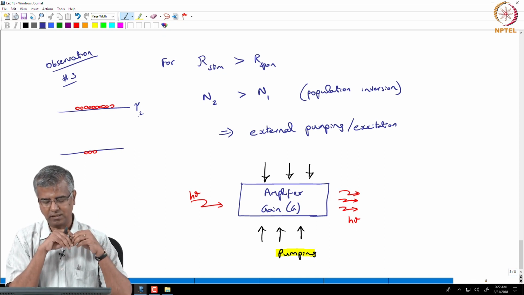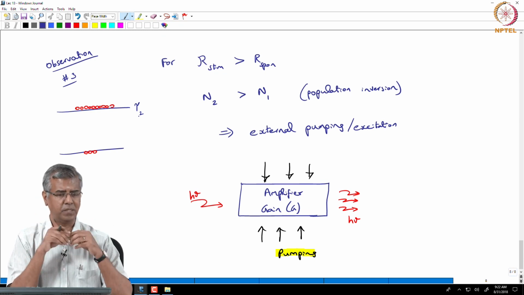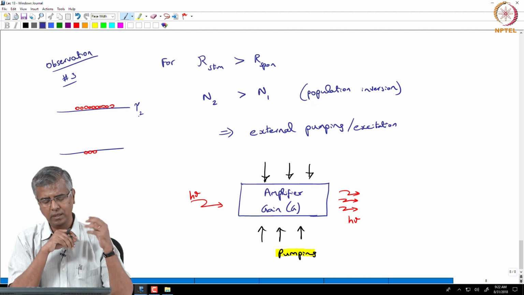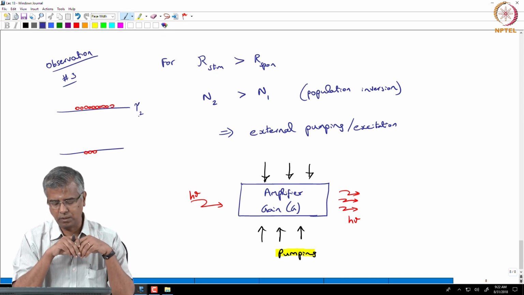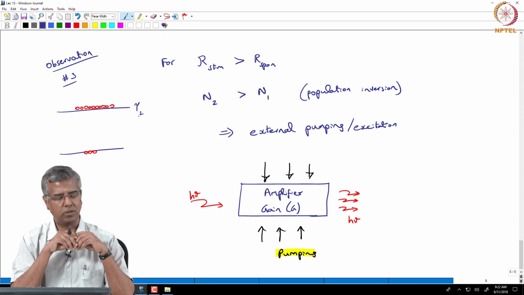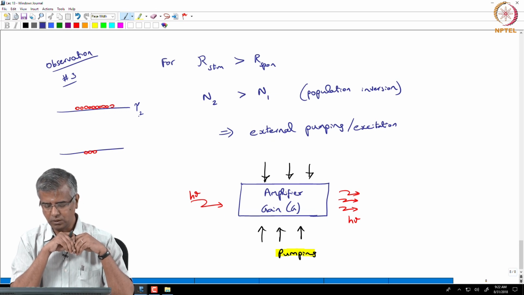Most of the other gas lasers have been taken out or replaced by solid state lasers. And similarly, there are dye lasers, dye amplifiers, and most of them have also been replaced by solid state lasers. Okay.